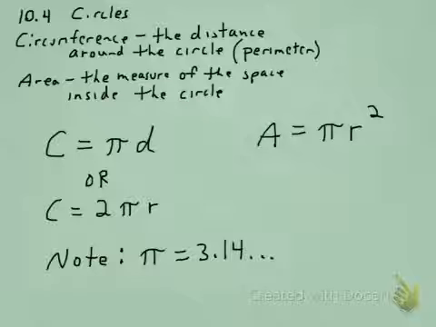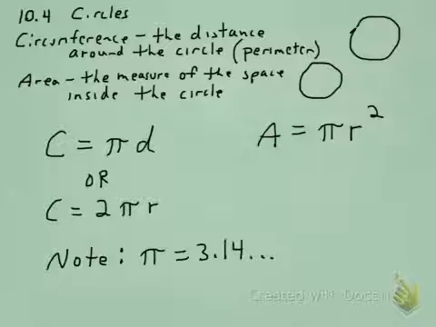Okay, so circumference is the distance around the circle. If you measured all the way around the circle, that would be your circumference. But the area would be measuring everything that is inside the circle.